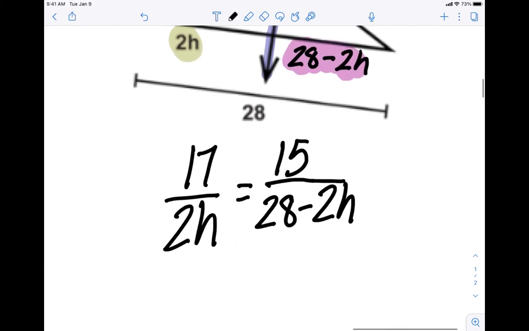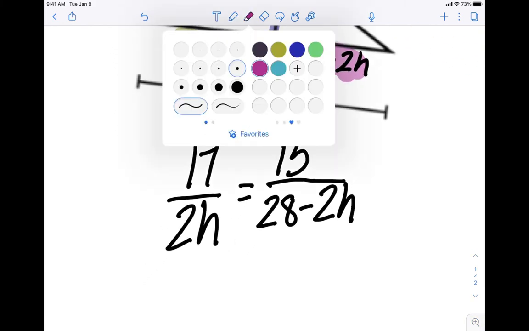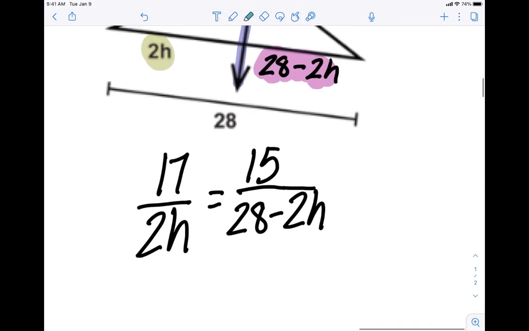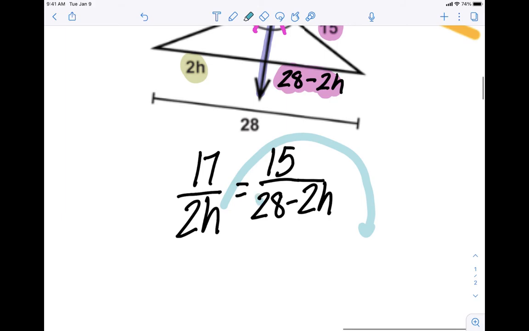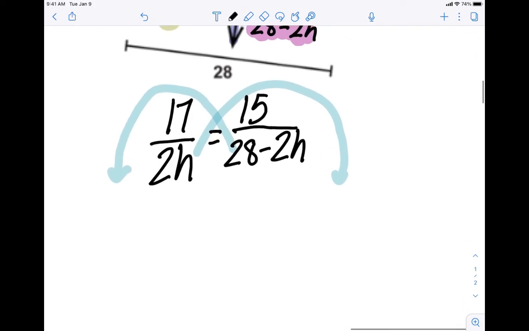Okay, look at that. So let us do our cross multiplying. So 2h times 15 will go here, and 28 minus 2h times 17 will go there. So let's set it up.